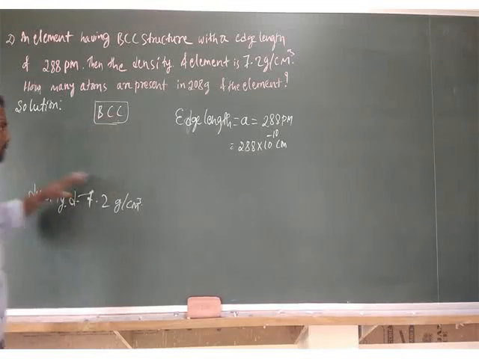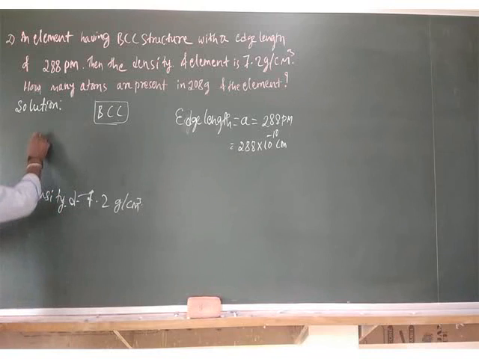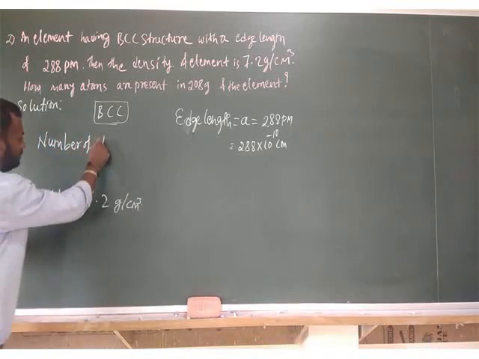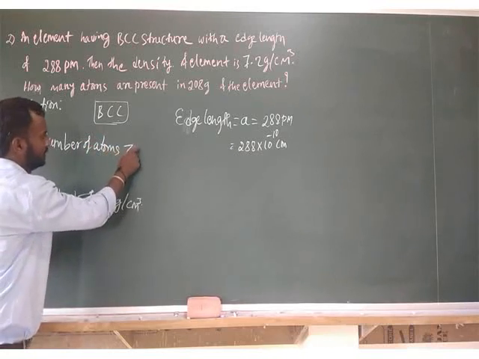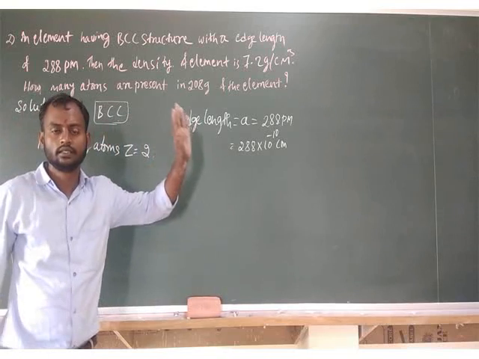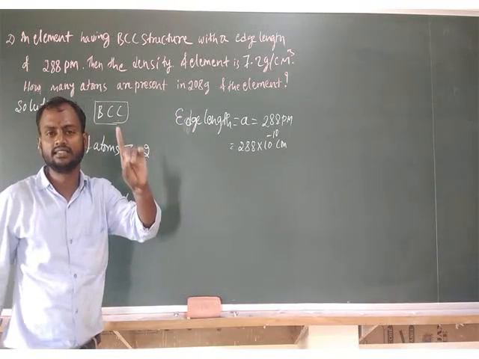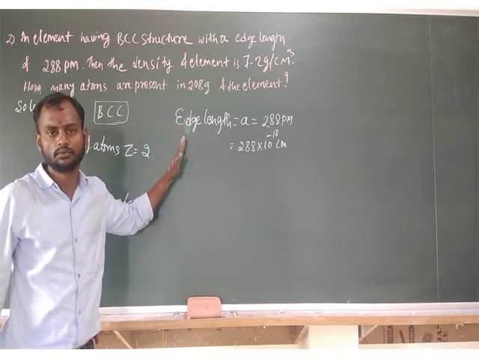So the calculation part is in BCC. In BCC, the number of atoms per unit cell, the Z value, is equal to 2. 8 corner particles with a contribution of 1 by 8 each, plus 1 at the center of the cube.